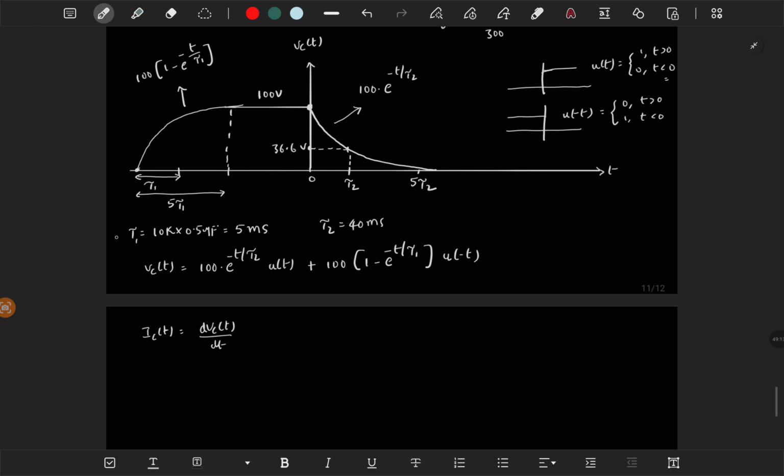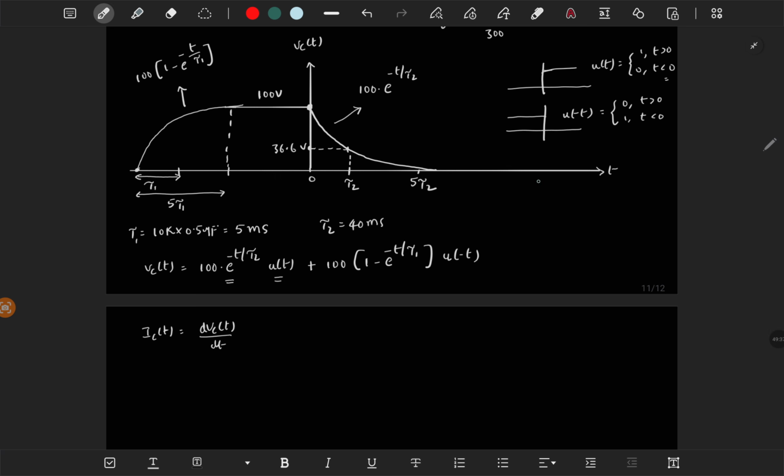Actually there are two time dependent functions here. One is e power minus t by tau and one is u of t, and similarly here also. So if you want to differentiate this equation, then you differentiate this one keeping the other the same, and then keep this same and differentiate the other one.